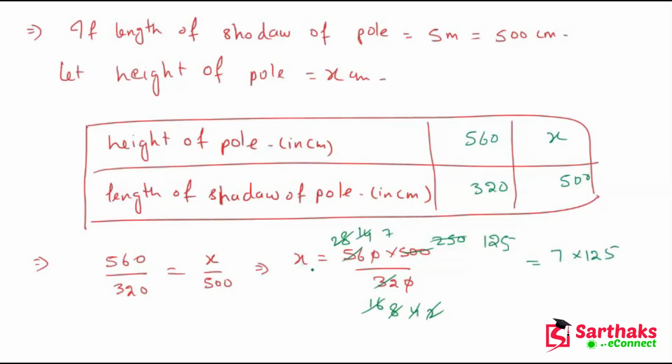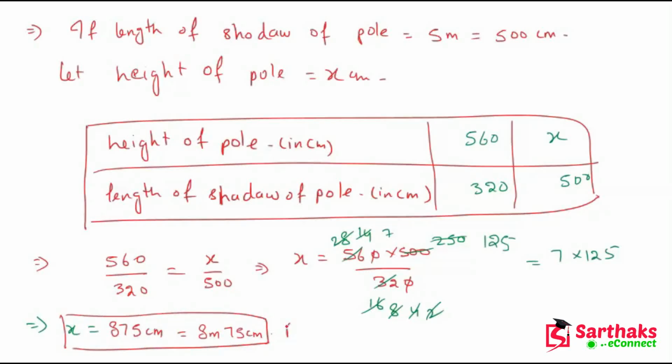After solving this, we get x is equals to 875 centimeter, and if we convert it into meter, we get 8 meter 75 centimeter. So this is the height of the pole, and this is the answer. I hope you understand these things.